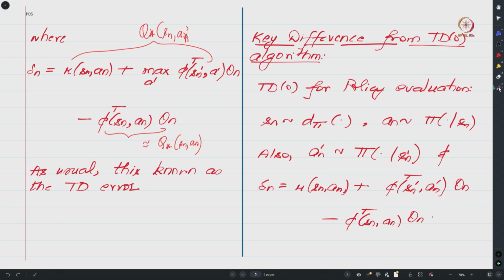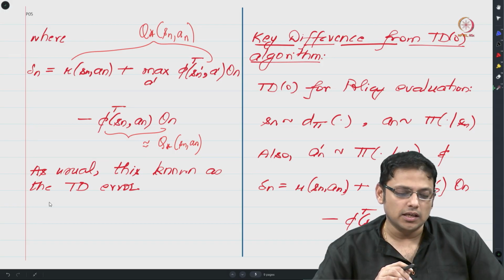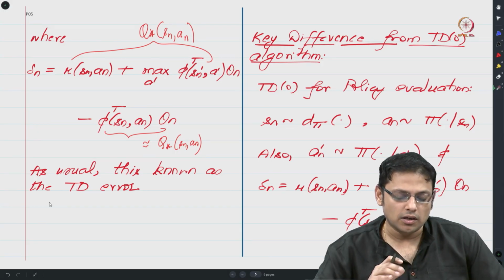Let me do it carefully so that there is no confusion. So this is one estimate of q star Sn An, this is another estimate of q star Sn An, and hence this can be viewed as the temporal difference or the TD error. Is this okay? This is the way we are going to run our Q learning algorithm.